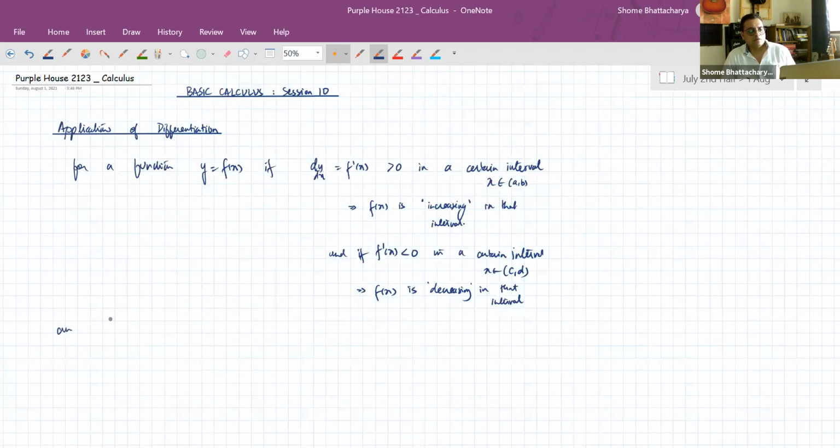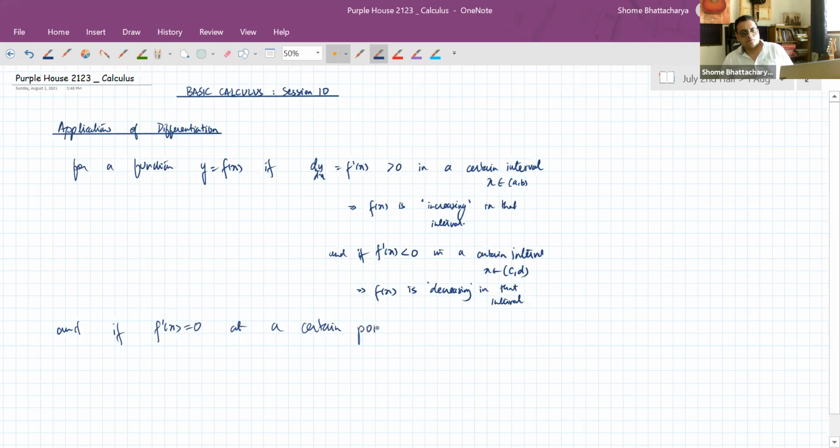Whereas if the derivative of a function is 0 at a particular point, that means that the function has either a maxima or a minima at that point.